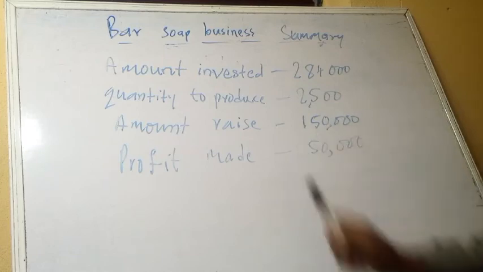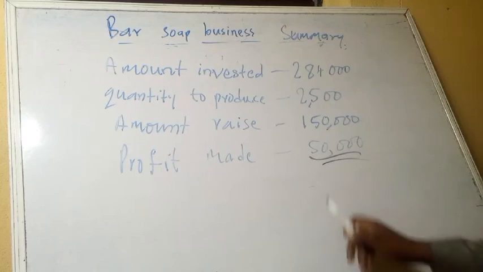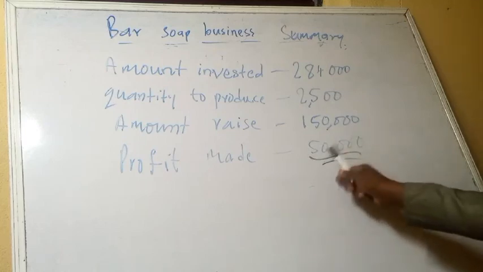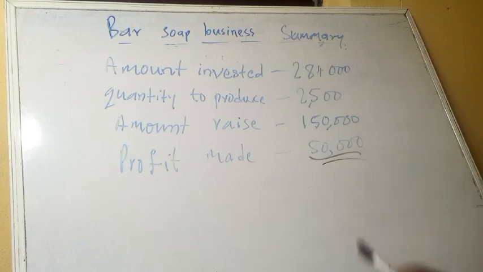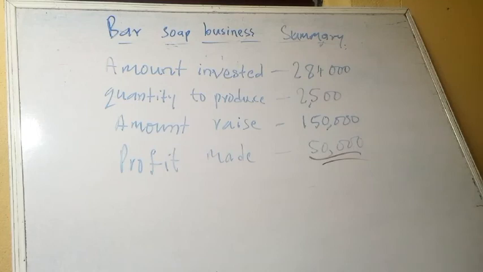Profit from this will be 50,000. So if you invest this amount, you are going to make this as profit per month. Now, if you are making this as profit per month, definitely you will recover this in less than 6 months, which is a very good and lucrative business.